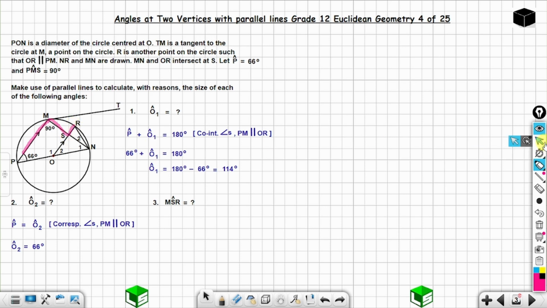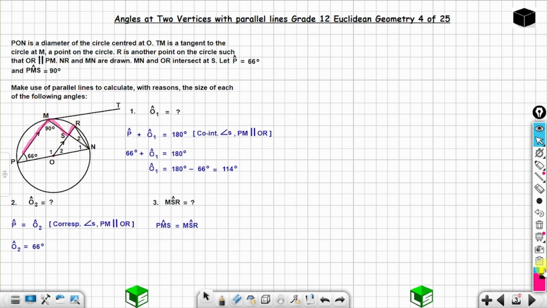Remember, N or Z, depending on how you look at the diagram. You have alternating angles. So the angle PMS is equal to MSR.